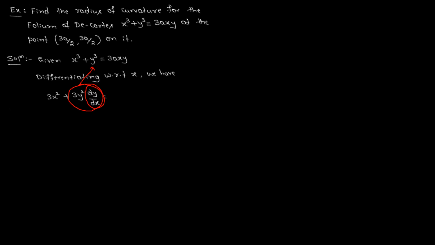Now let us differentiate the RHS. Since 3a is a constant, we can keep the constant as it is. To differentiate this x into y, we need to apply the product rule. We can consider x as the first function and y as the second function.